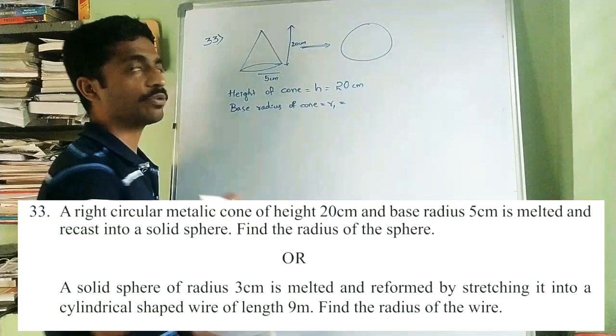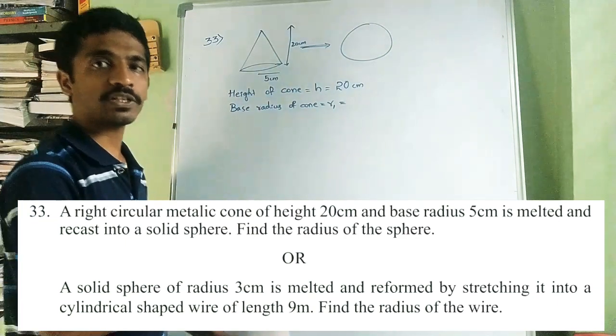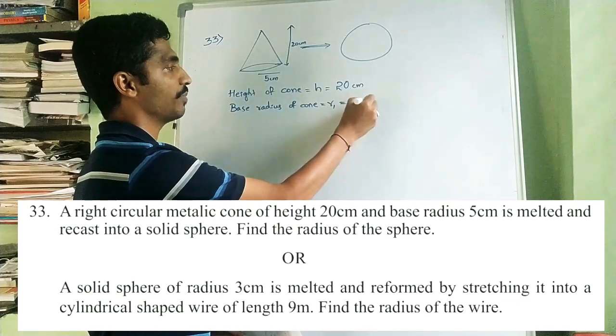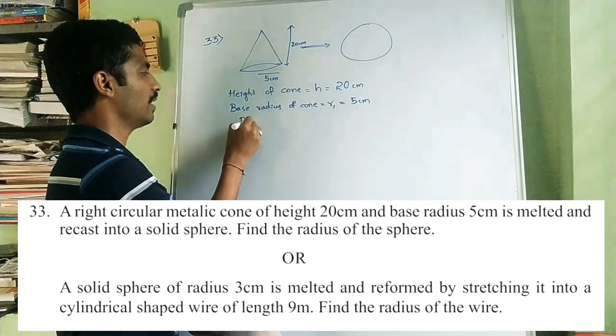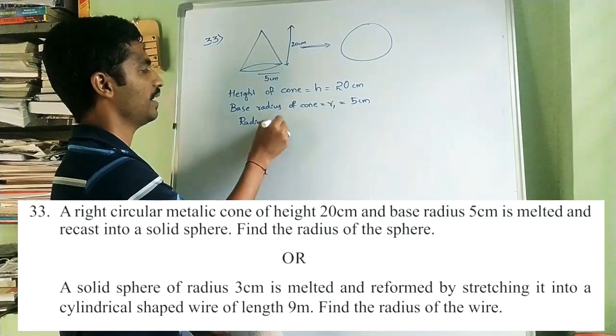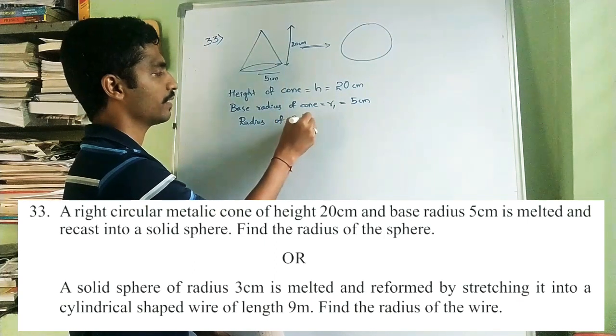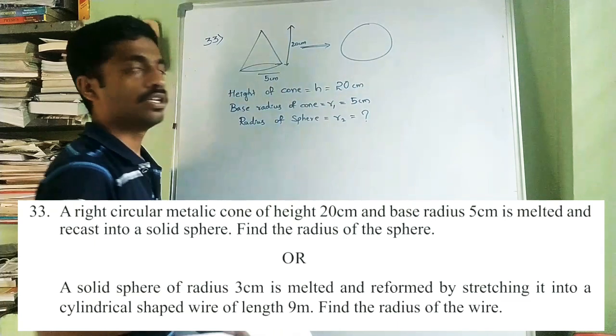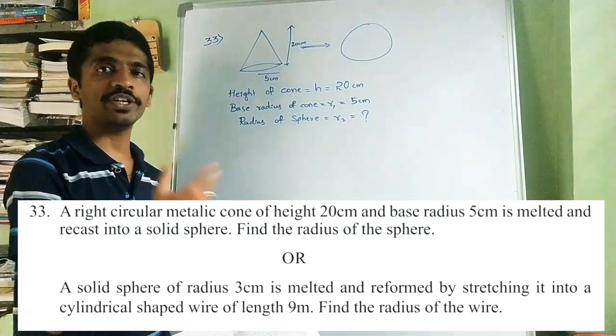Because here again we have to find the radius of sphere, so I will take it as R2. So now R1 will be 5 centimeter. Radius of sphere, so let's take it as R2.